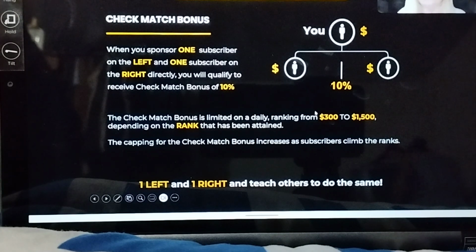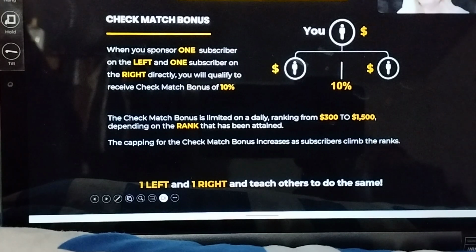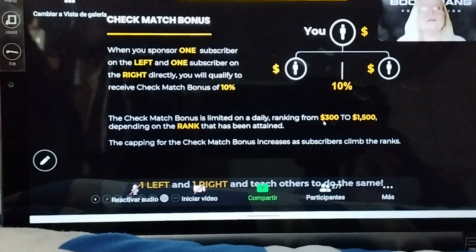This can grow enormously. And to make sure that there is sustainability in this business, we are having a cap. If you are not a ranked member, your cap is $300 per day that you can earn, which means you can basically have a check match bonus of $3,000 a day that is fully paid out.